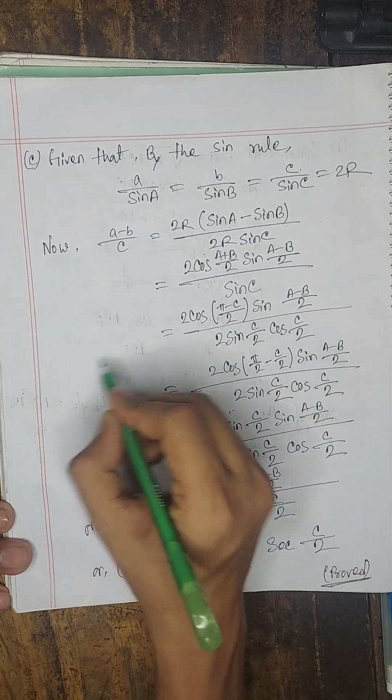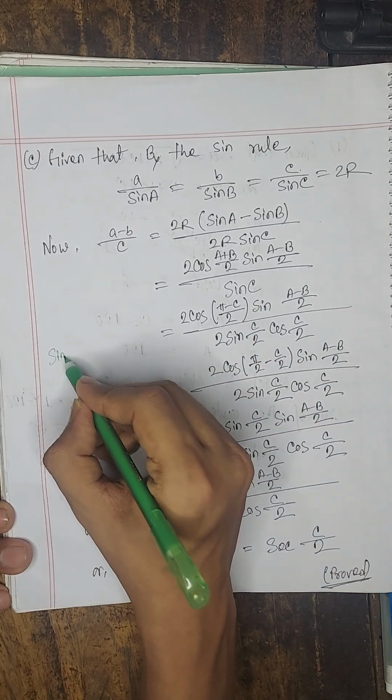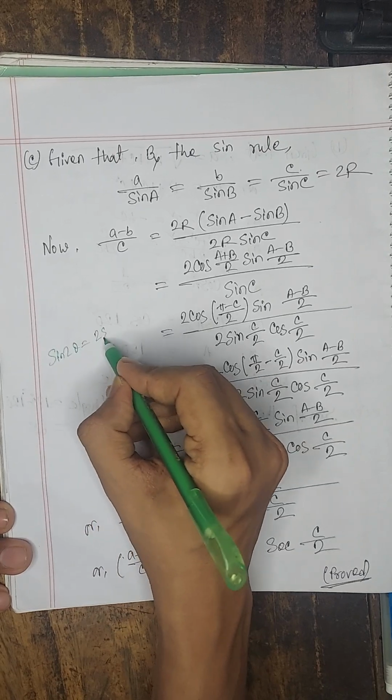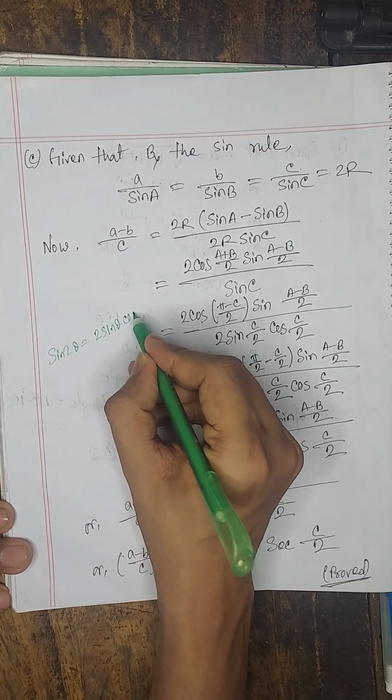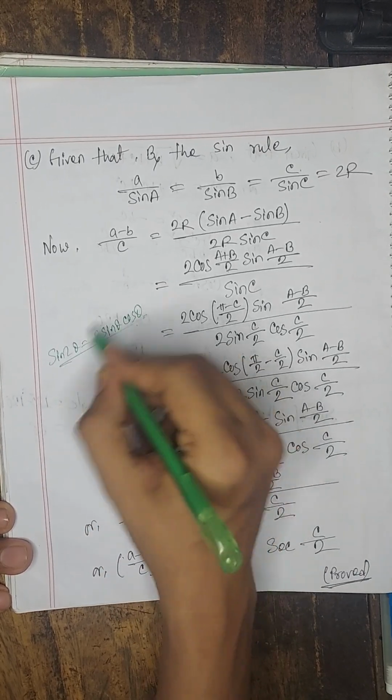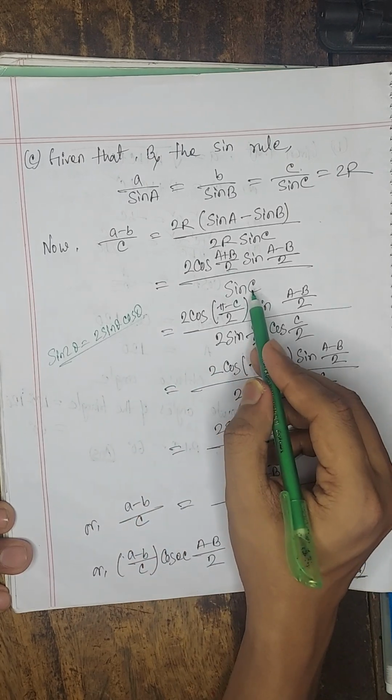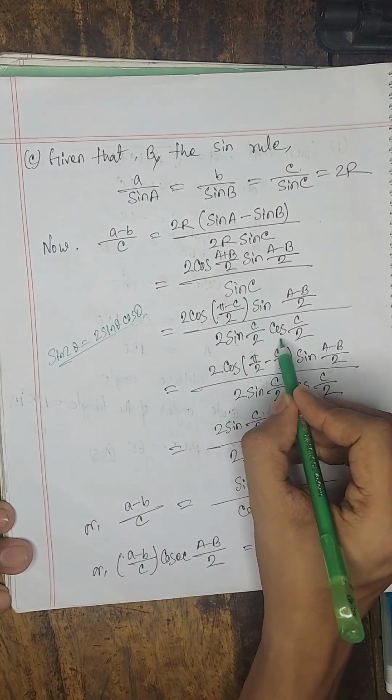We can write this formula: sin 2 theta is equal to 2 sin theta cos theta. We can apply this formula here: sin C is equal to 2 sin C by 2 cos C by 2.